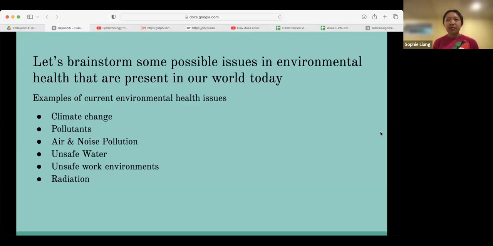Air and noise pollution. Noise pollution is when, let's say, your house is right next to a highway, then your house will have some noise pollution because it's really loud on the highway, and that makes your house noisy as well. And there's also unsafe water, unsafe work environments, and radiation.